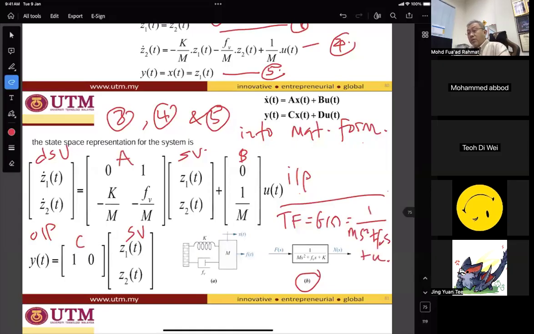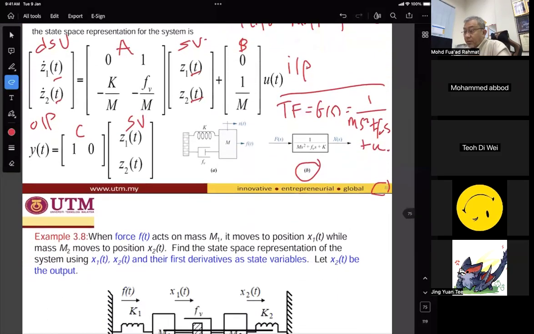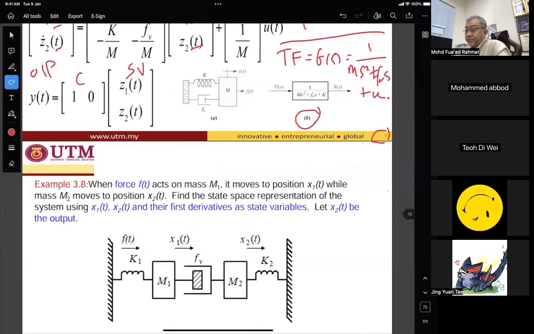In chapter 3, the model is not in frequency domain, but in time domain. So we get the two state equations and one output equation as shown in slide number 81.